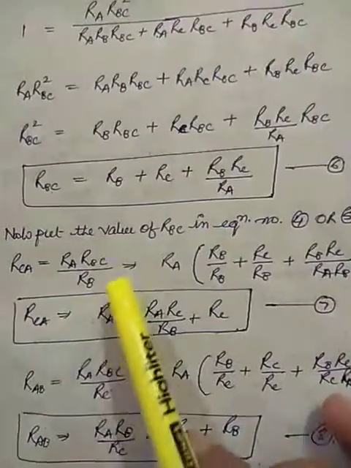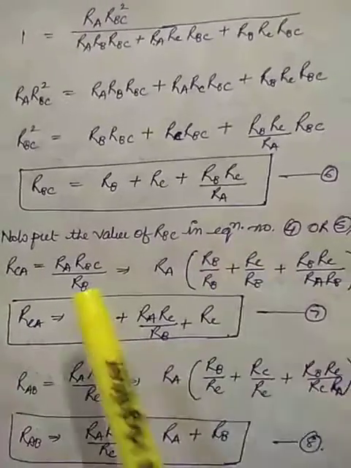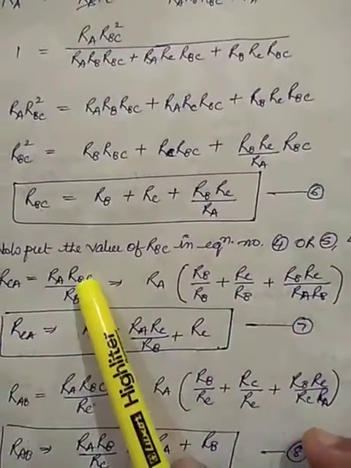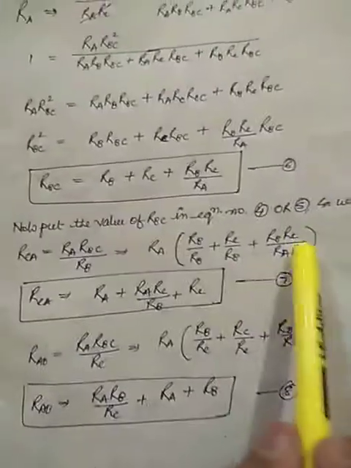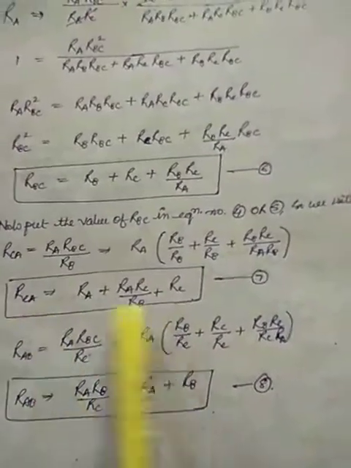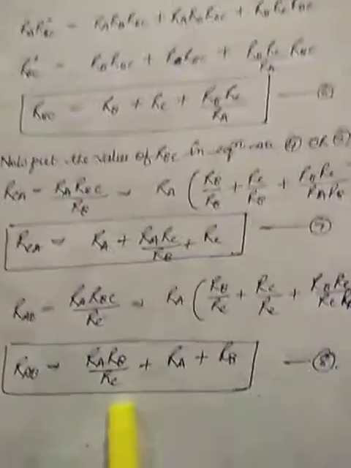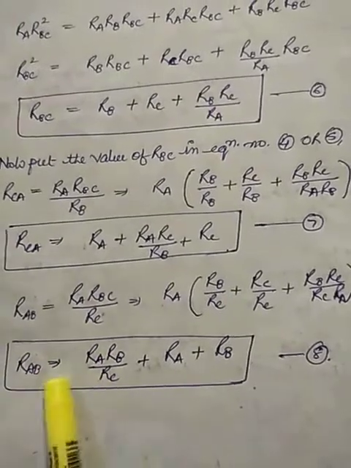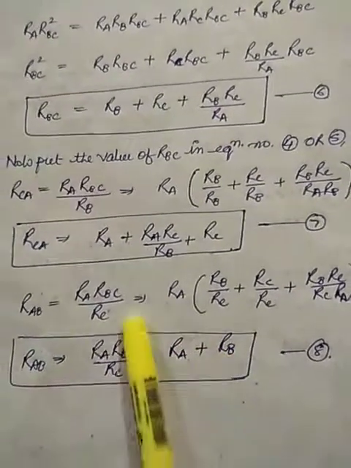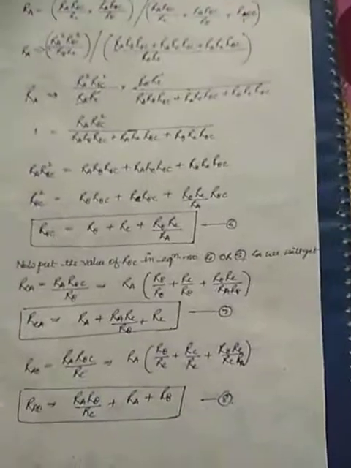Now put the value of RBC: RCA is equal to RA plus RC plus RA into RC divided by RB, after cancelling out. Now in RAB, putting the value of RBC, we easily get the value of RAB. So RAB is equal to RA plus RB plus the product of these two resistances, RA into RB, divided by RC. Now this is the transformation from star to delta.